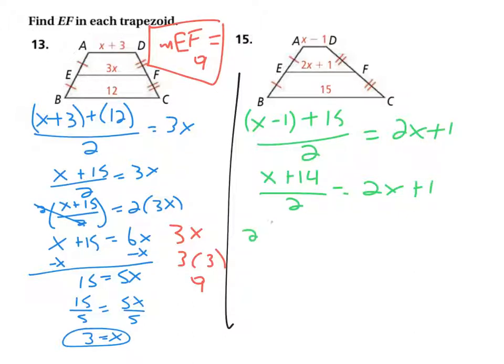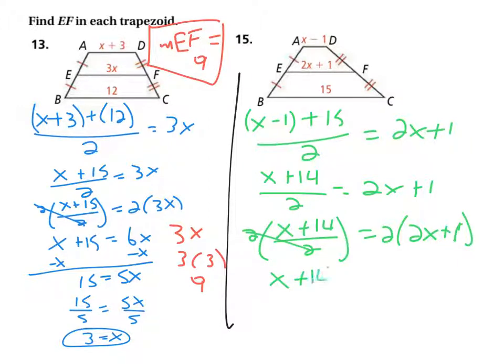and we will multiply both sides by 2 in order to cancel out that 2 on the bottom. To multiply this side by 2 as well. Okay, so that's going to cancel, and you get x plus 14 equals 4x plus 2.